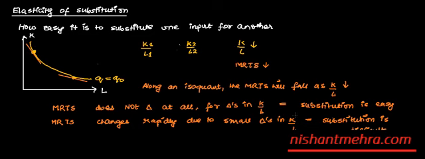So very small variations in input mix will have a huge change in the marginal productivities of inputs. So we say that substitution is very difficult in this case.